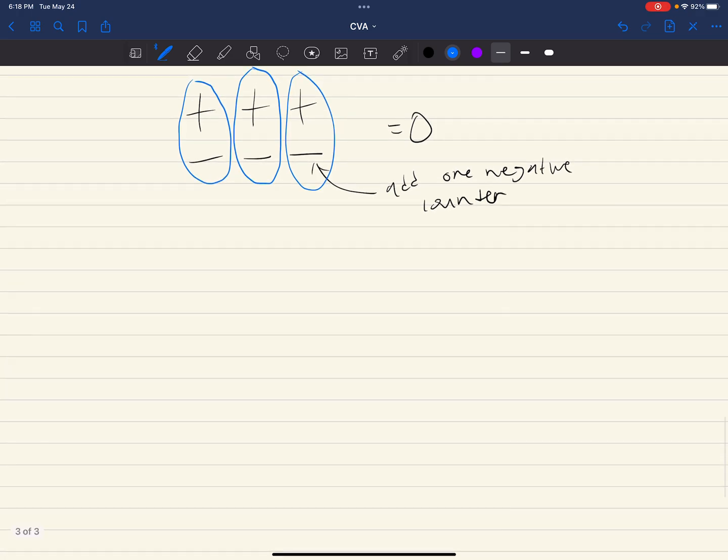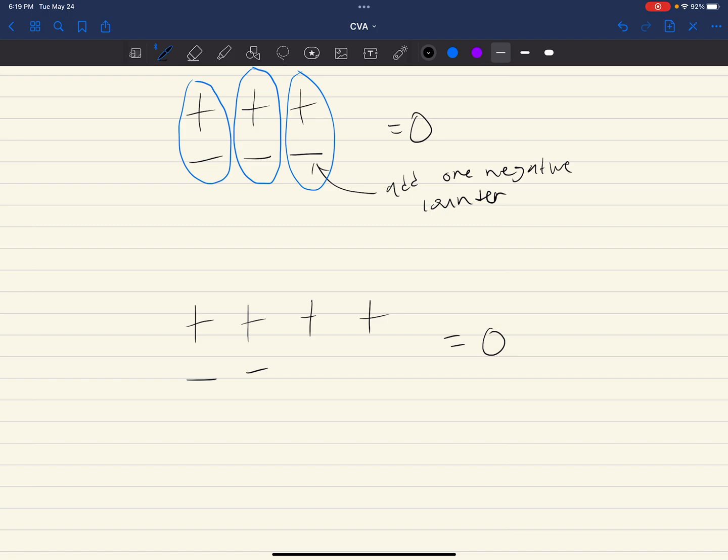Let's try another one. So let's just say I have this, and this. I want you guys to pause the video and think, how can I make this entire diagram equal to 0? All right, so I'm assuming that you thought about it.